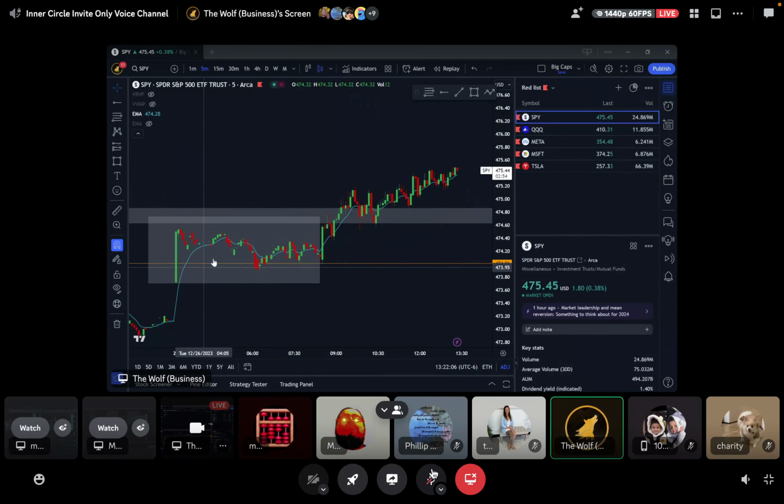So what we basically want is, since the high and the low of the first 30 minutes of market are like this, we want for there to be some type of breakout, right? Or some type of bounce.